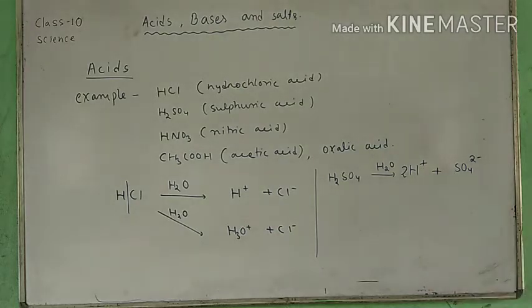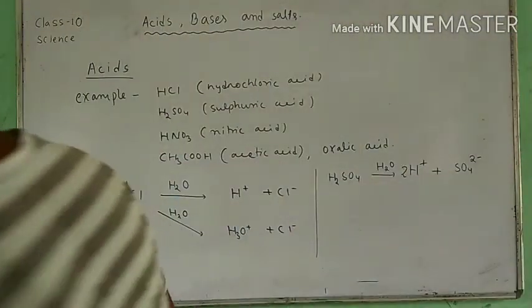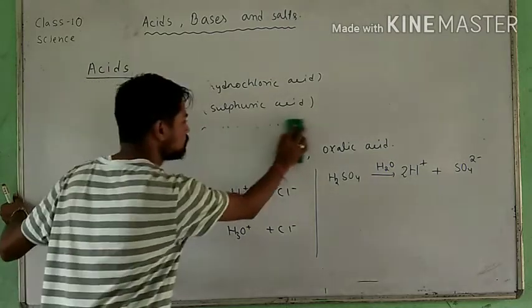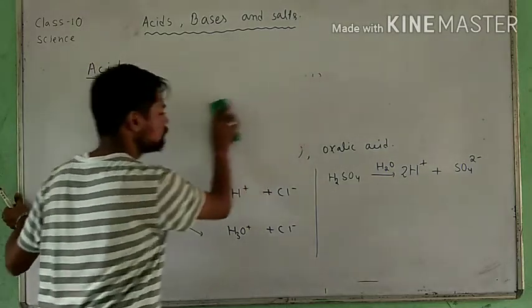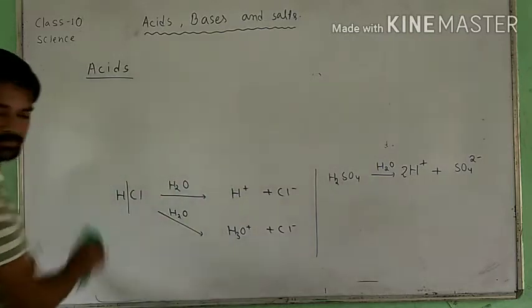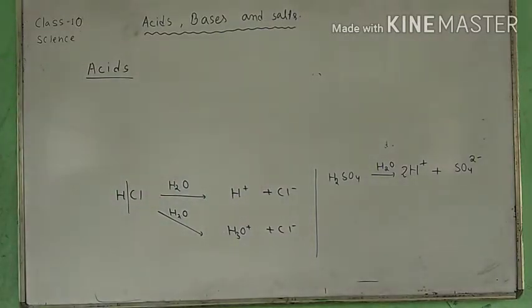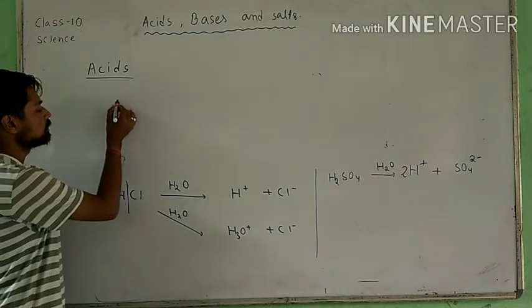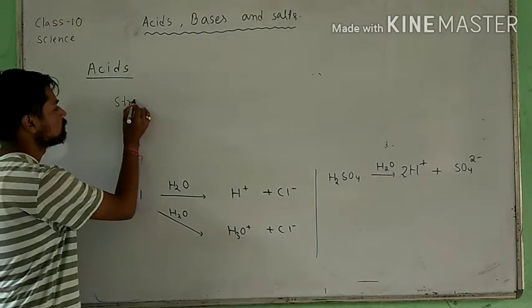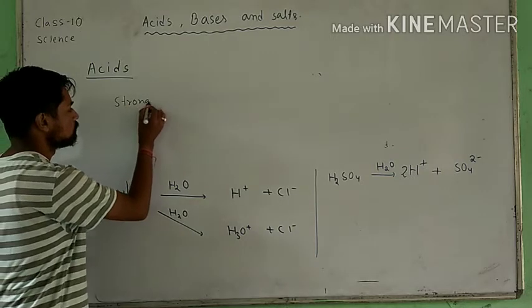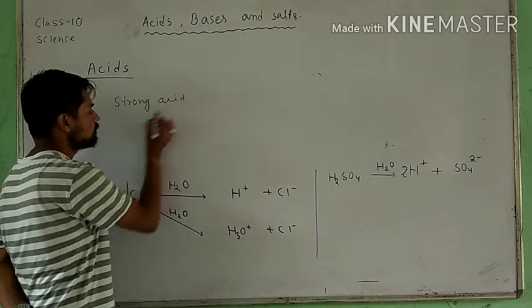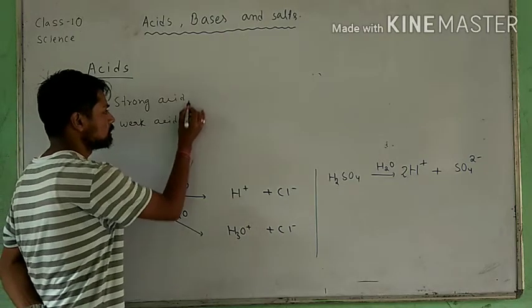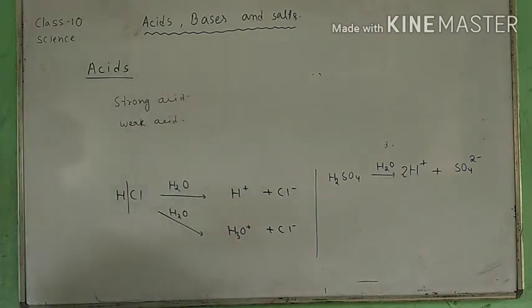Okay, now let us see some types of acid. Acids are of different types. First, acid can be divided as strong acid and weak acid.